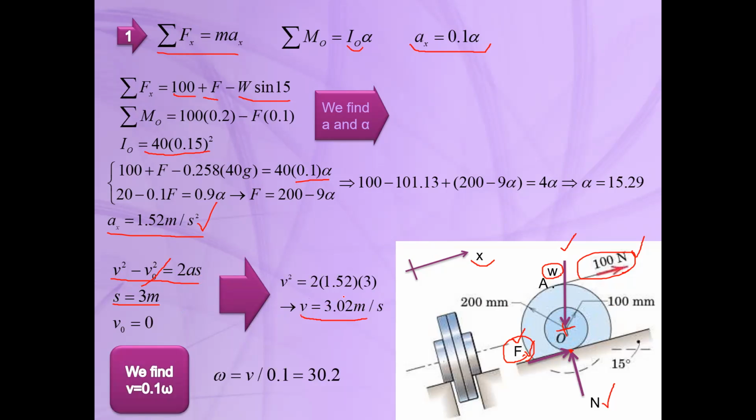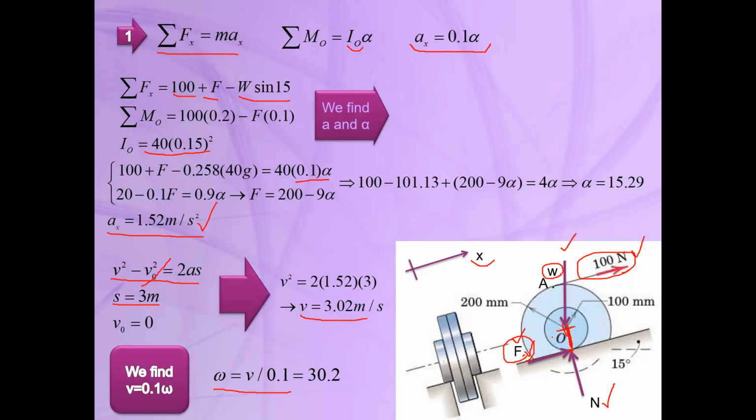meter per second. Now to obtain the angular velocity, we know that omega is equal to v divided by r from here, and r is this distance. As I told you, we can assume that this wheel has a pure rotational motion about point C, or the contact point.